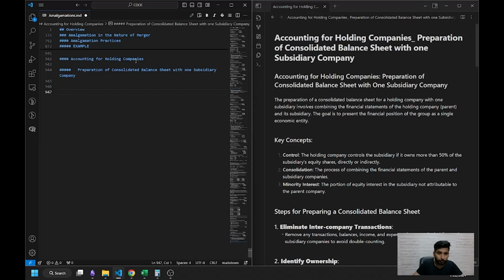Before we move ahead, we shall first differentiate between a holding company and a subsidiary.